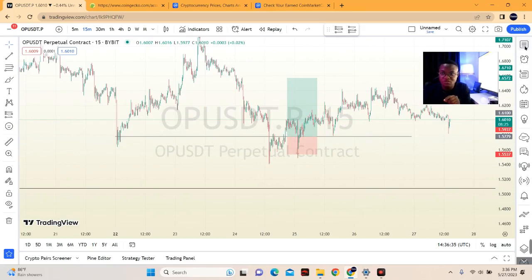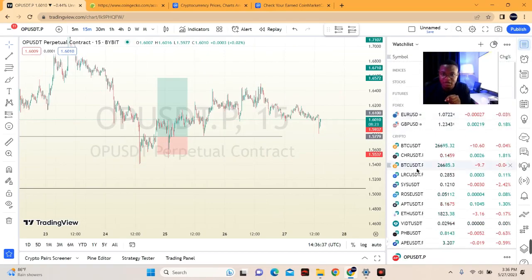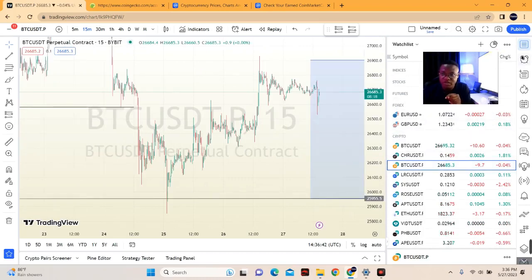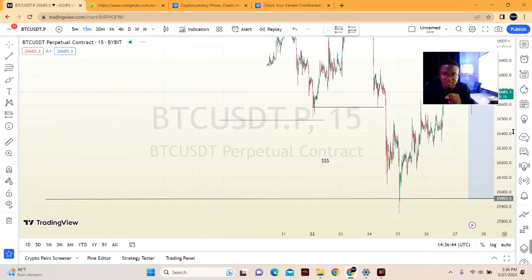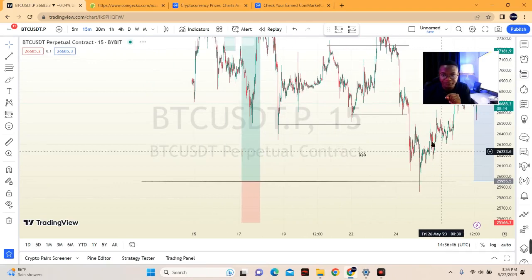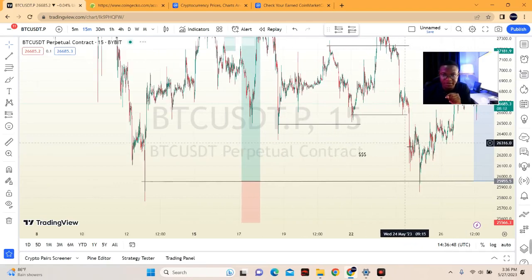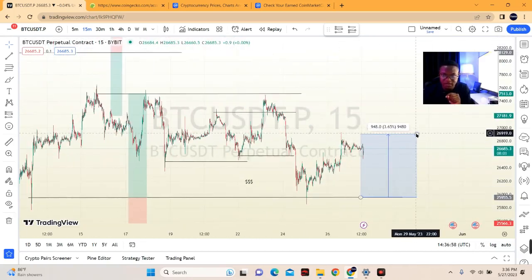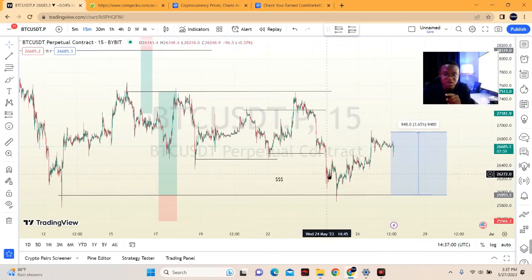So I went to the Bitcoin price to check where it was then. Bitcoin was around this particular price, which means that Bitcoin is approaching this zone, because I also have a buy order here. As you can see here, Bitcoin actually reacted to it. So I'm in profit right now. But Bitcoin price was at this particular place when I saw that OP.